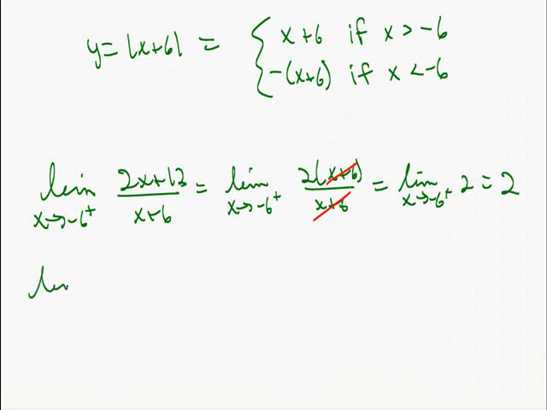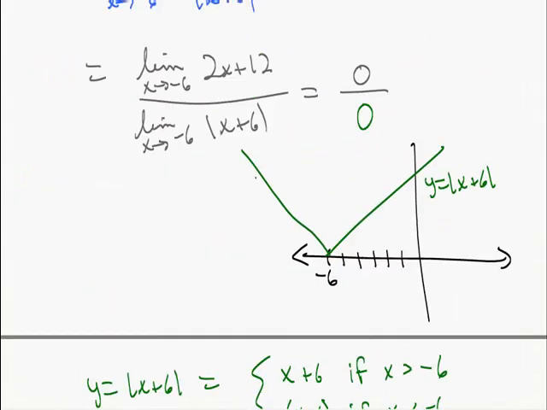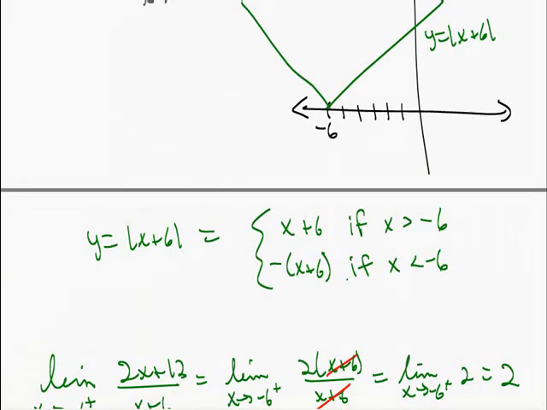But if we take the limit as x approaches negative 6 from the left, we're approaching it on the line negative the quantity x plus 6, or negative x minus 6 if we distribute that through. So we are approaching it on a different line here.